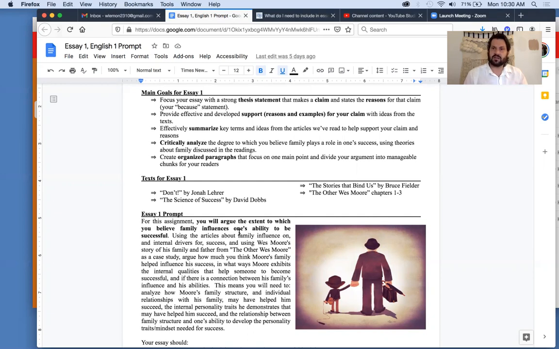I would think of it sort of like a pie chart when you're thinking about family's influence. If you think family is a big part of that pie chart, that's what you should put in your thesis, right? Like, family is a major or significant factor in determining how successful you'll be.